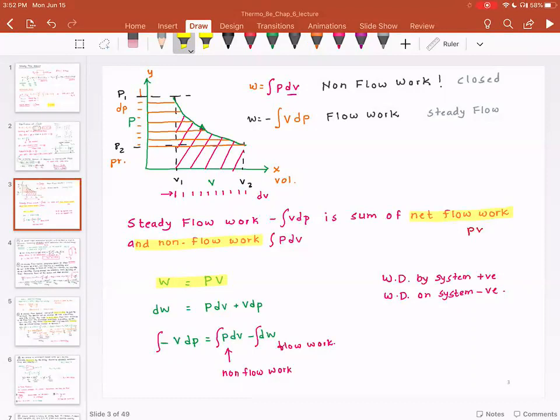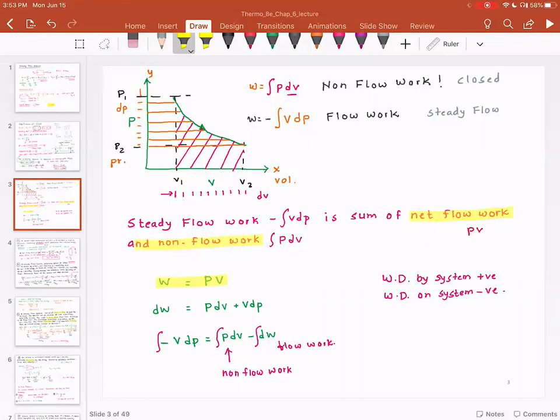Now, the other thing that I would ask you to see is flow work and non-flow work. They correspond to different areas under the PV diagram. I would like you to look at the PV diagram and find it yourself: which area corresponds to the flow work and which area corresponds to the non-flow work.